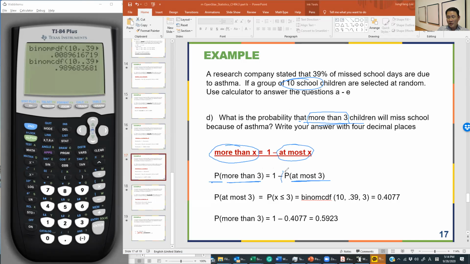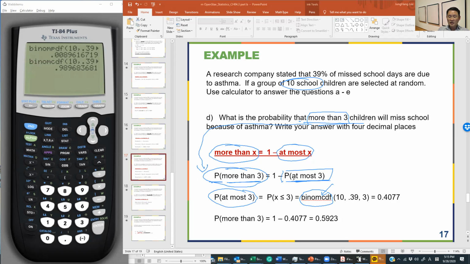Now, why do we keep using this at most certain value? Because at most a certain value is the binomial CDF function. Remember that CDF function. This is what we really want, because that's what the question is asking, but we cannot directly find this value from the calculator.